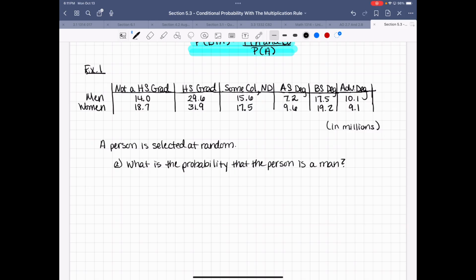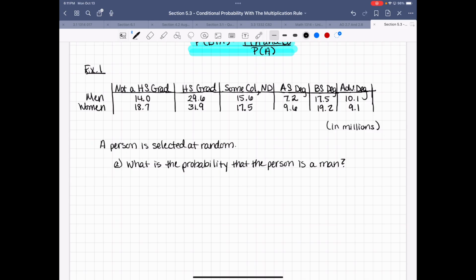Of course, you will need your calculator. Should have told myself that, shouldn't I? Okay, so we need to find the probability that the person selected is a man. So what are we going to do to find that? We got a couple of things we got to do first.